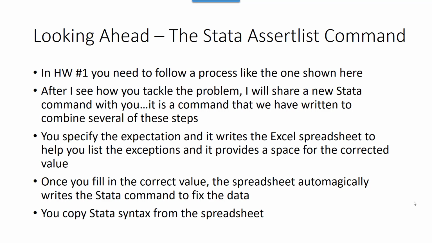It lists all the exceptions. It provides a space for corrected values. Once you type in the corrected value, it writes the appropriate Stata syntax to fix the data. So you can copy that syntax out of Excel, paste it into a Stata program, and by golly, your data set will be cleaner than it was before.